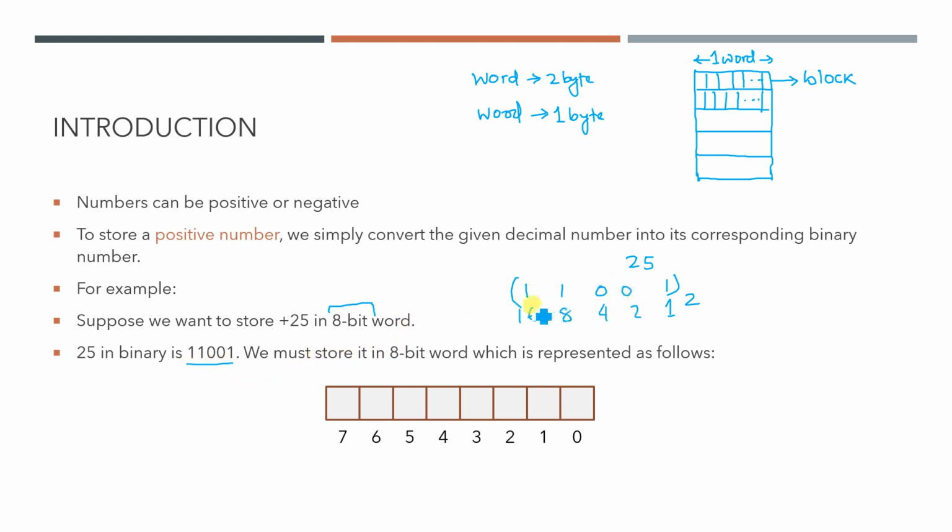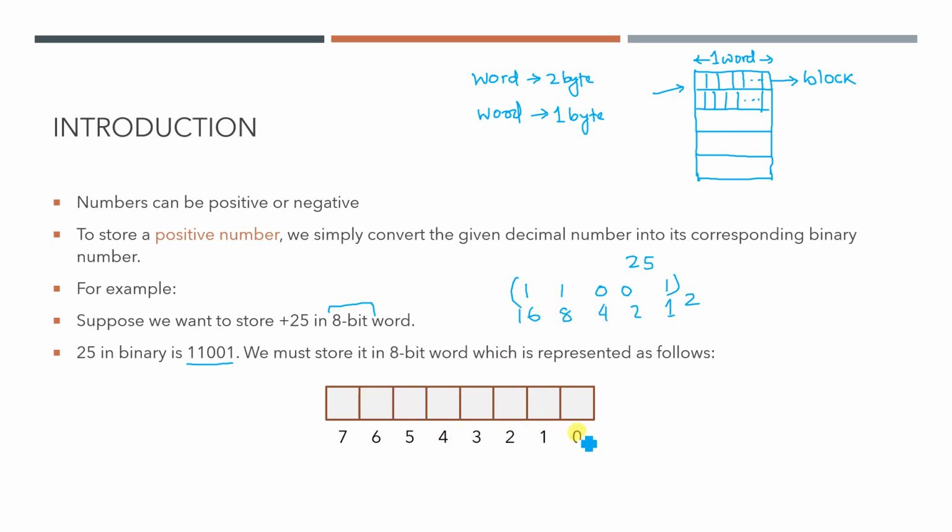Now I want to store this value in an 8-bit word. Now assume that your memory here represents a number of blocks, and each block represents one word, and our word size given is 8-bit. Now how to represent these 5 digits in this 8-bit word? It will be represented something like this.